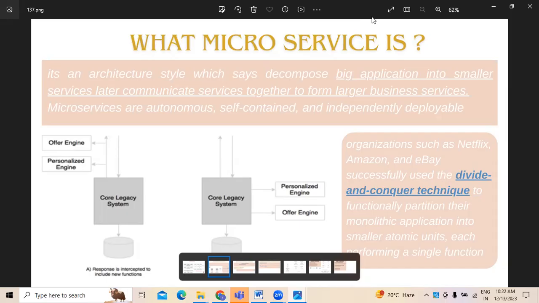But nowadays in microservices, there is an advantage. Let's say, for example, a person wants to get messages. Let's say there is a gated community app.